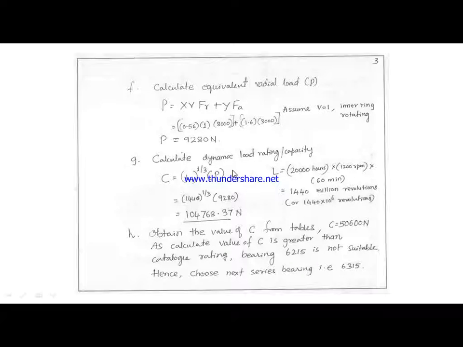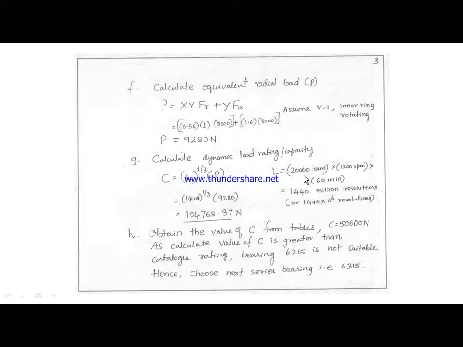Then calculate the dynamic load capacity using this value of P and the life of the bearing in millions of revolutions. How to calculate the life of the bearing in millions of revolutions? Here the life of the bearing is given in hours, 20,000 hours.